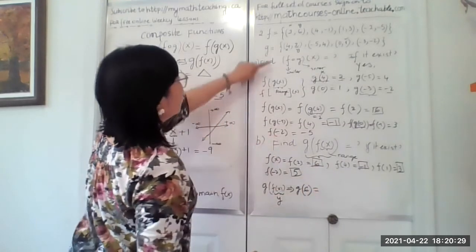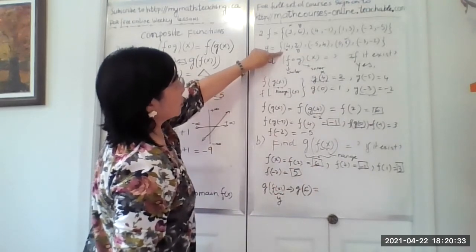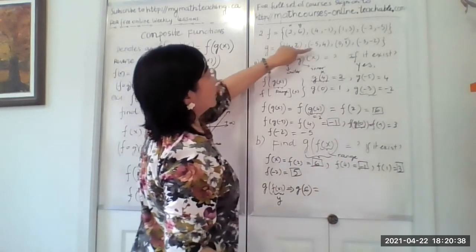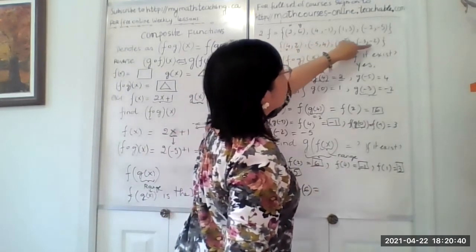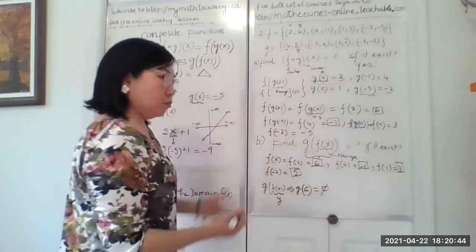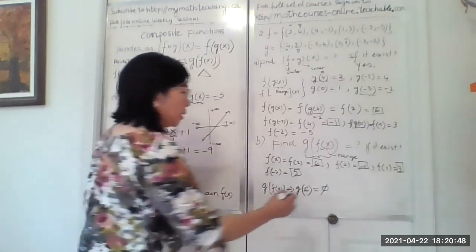And we look at the g function here, the coordinates here, g of 6. We don't have any domain of 6 in here. See 4, minus 5, 0, minus 3. So we don't have it. So we say empty set. We cannot find g of 6.